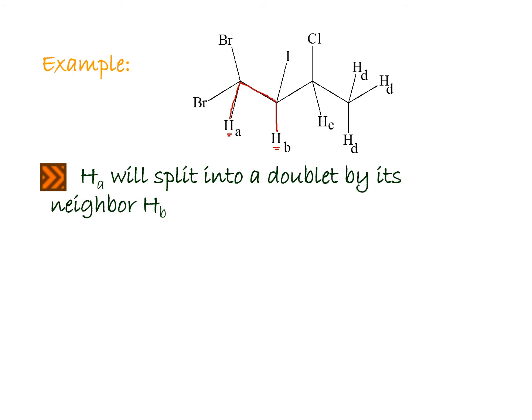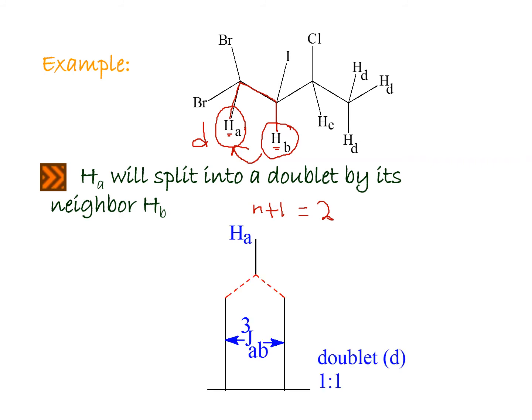There is coupling. So here n is 1, n plus 1 will be 2. So I'm expecting A to couple to B and show as a doublet, 2 lines. Indeed, HA coupled to HB shows 2 lines in 1-to-1 intensity ratio.